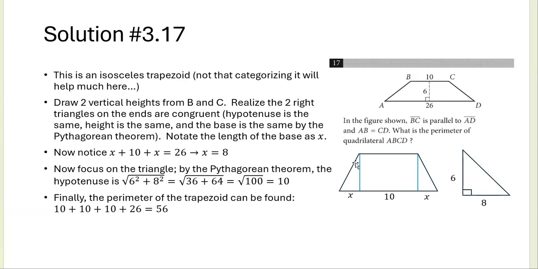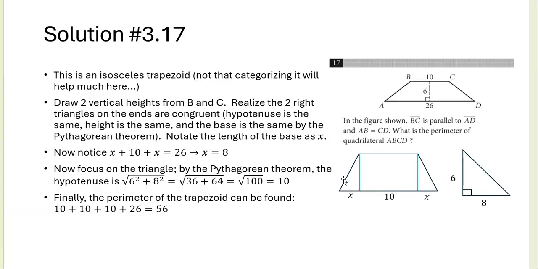I think this is a corollary or something like that. In a right triangle, if both the hypotenuse and one of the legs are congruent, then the two triangles are congruent. And you can derive that from other properties.